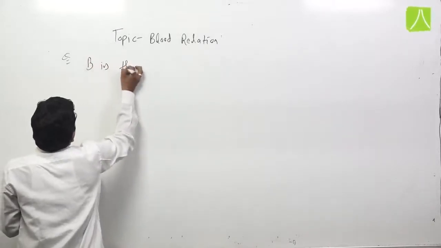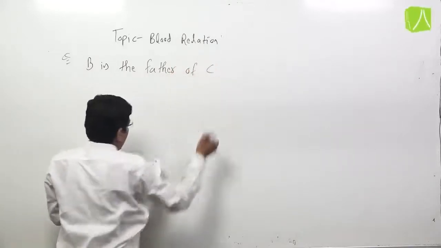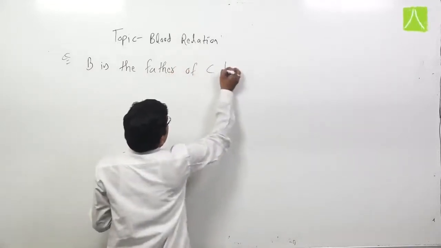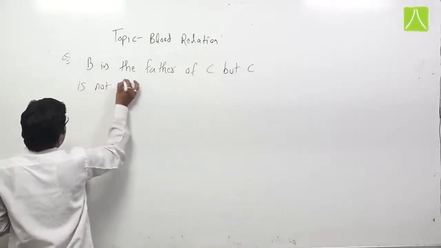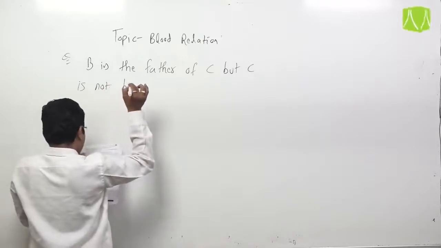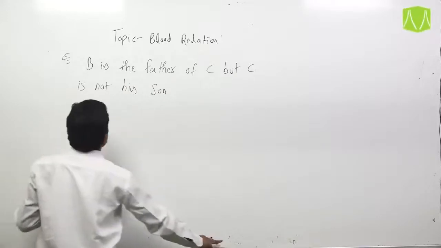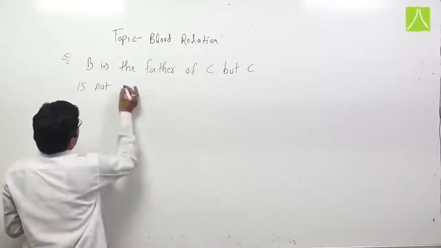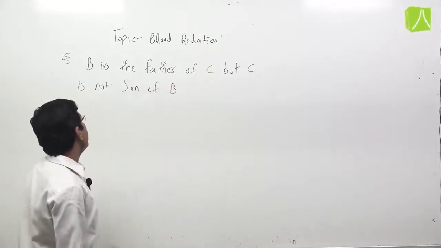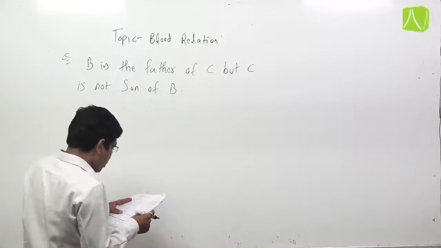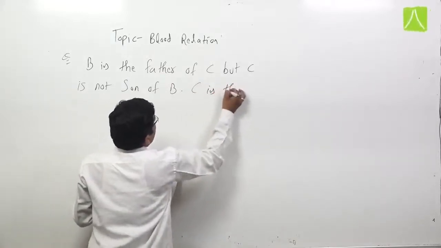B is the father of C, but C is not son of B. C is the wife of D's son.